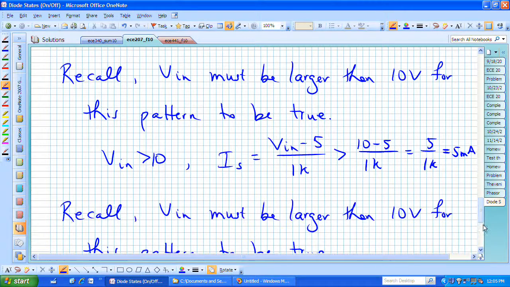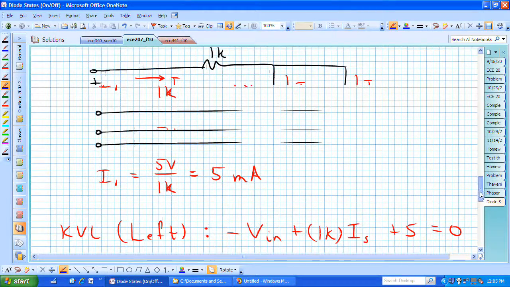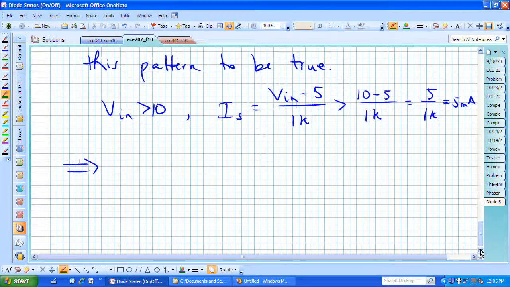And if we look at this circuit and write a KCL equation here, KCL says I sub s is in, I sub 1 and I sub 2 is out. So we have I sub s is equal to I1 plus I2.